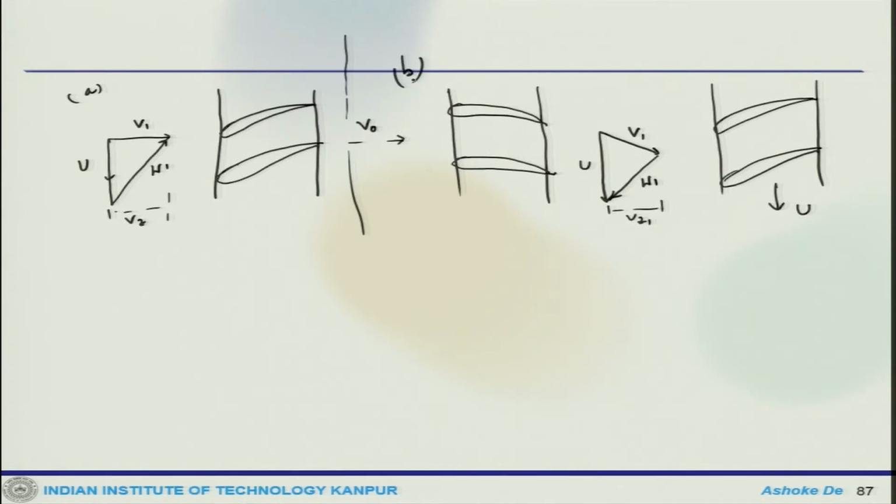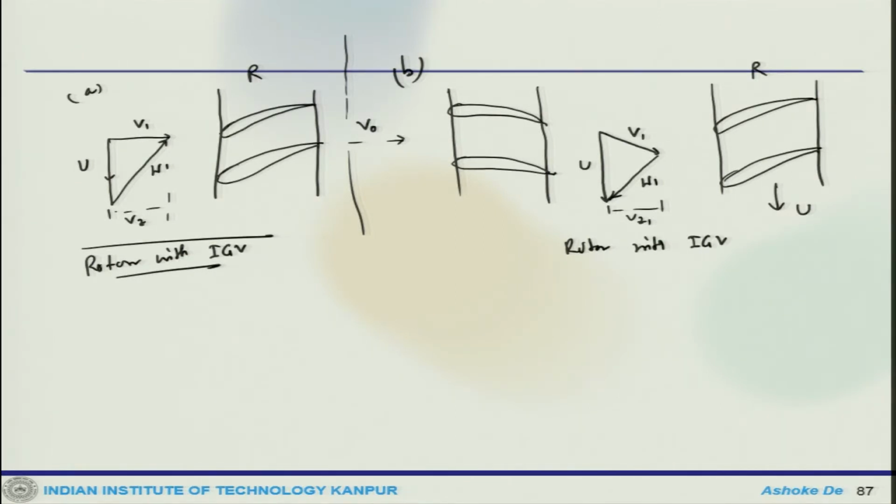This section is A. So, this is a situation where the rotor is without IGV, inlet guide vane. This is how it happens, and this is a case with rotor with IGV.